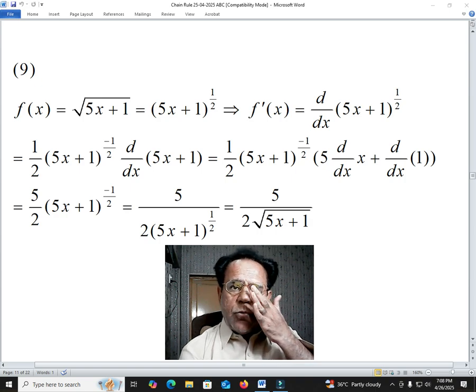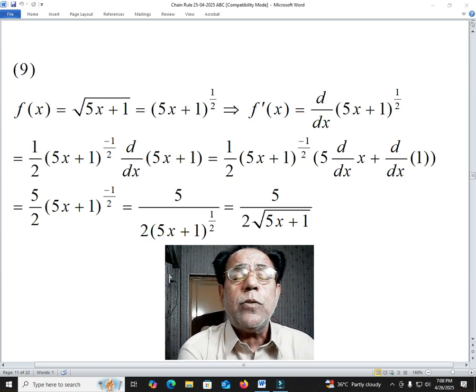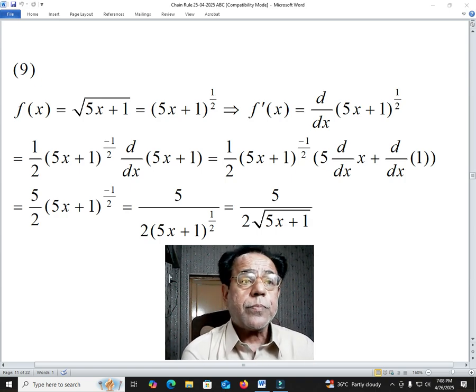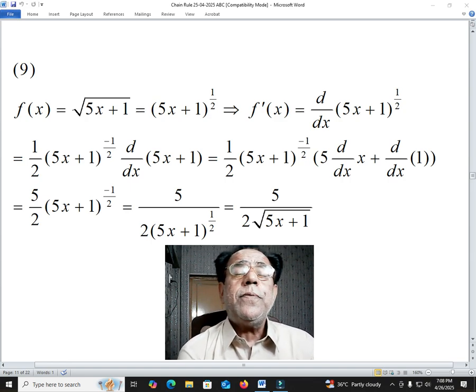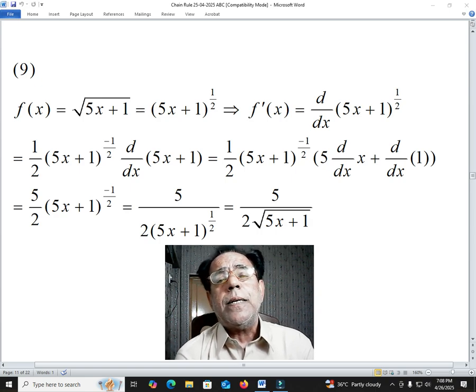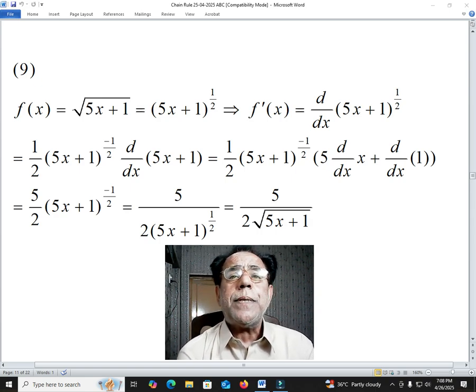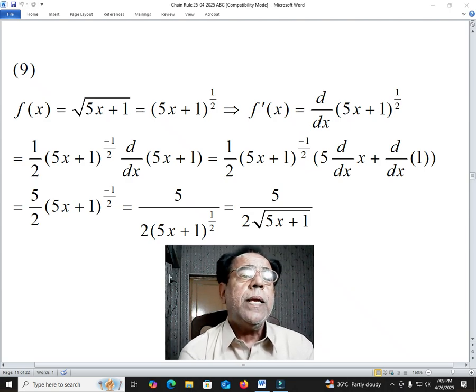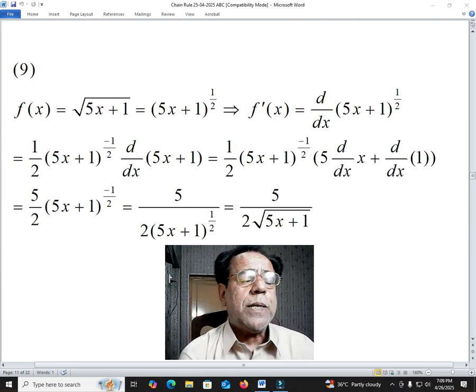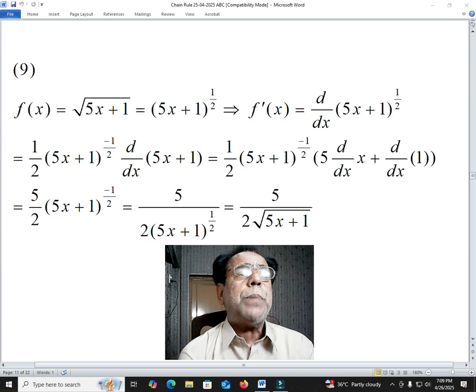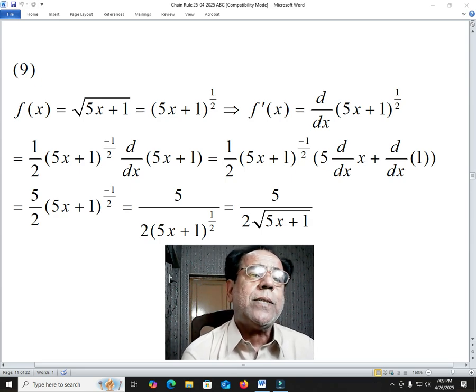So f dash x equal to d over dx, this here it will become 1 by 2 into (5x + 1) raised to 1 by 2 minus 1. When 1 is subtracted from half, it will become minus half. So half (5x + 1) raised to power minus half into d over dx (5x + 1).